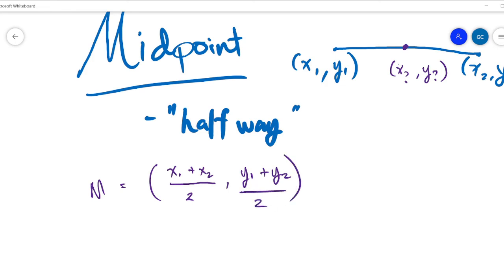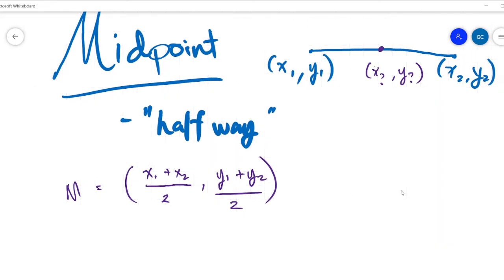Why do we need to divide by 2? Since we are getting the midpoint, we are getting the average of two measurements, meaning we only divide by 2. So that is how we get midpoints.